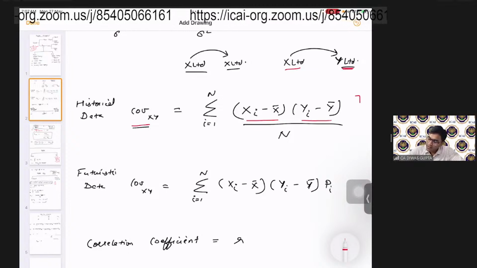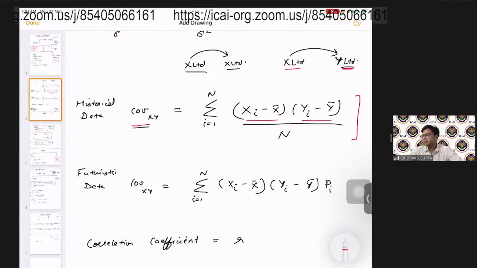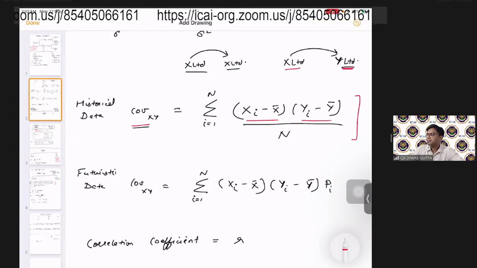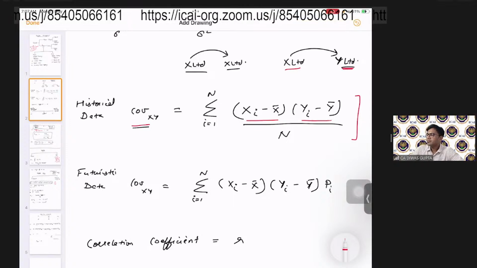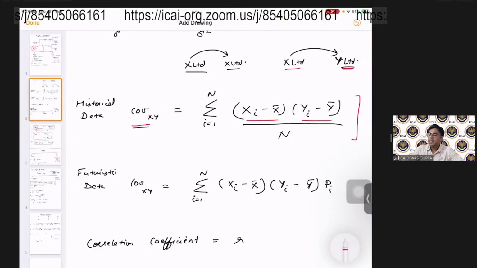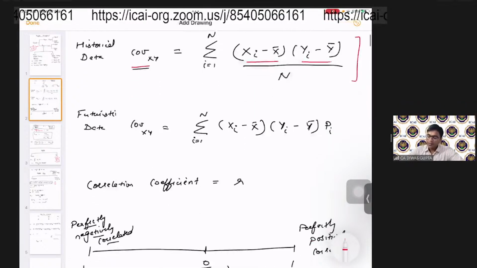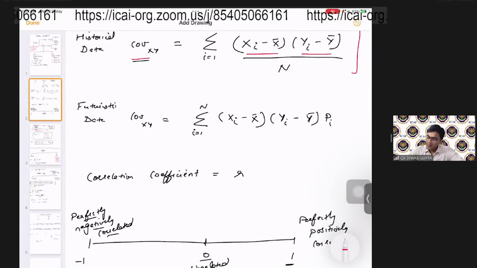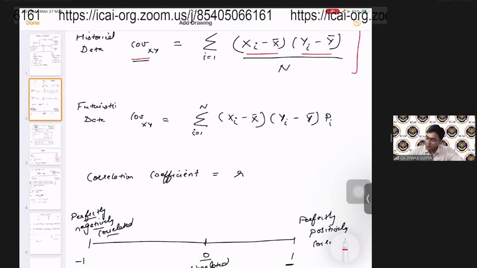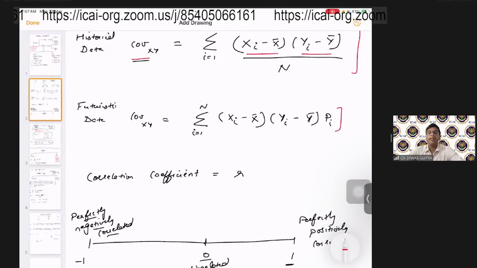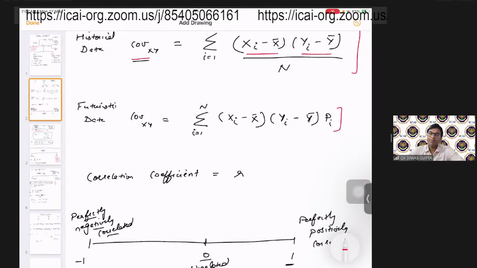And we will take a division by N, students. Okay. I hope the discussions are clear, students. Then, on the futuristic data, rather than dividing it by n, which is the number of observations, we multiply it with the probability. The formula remains same, correct?